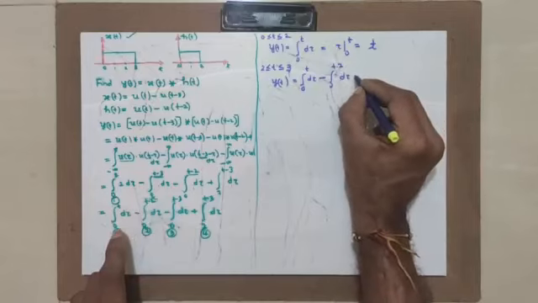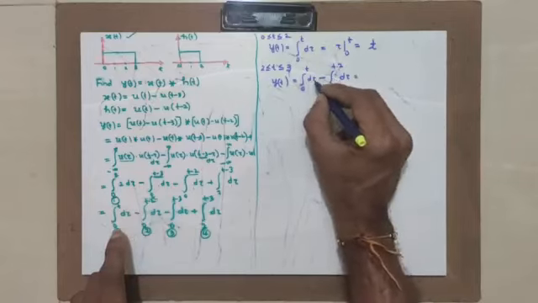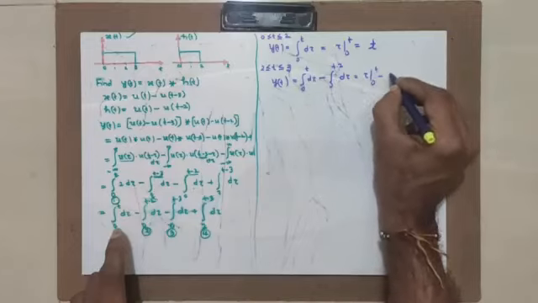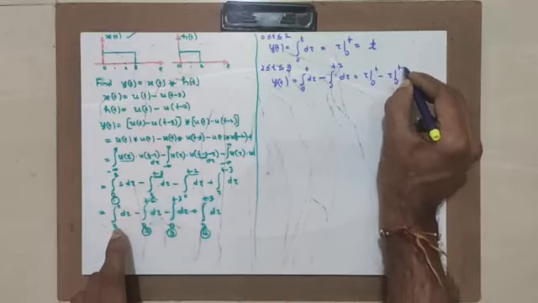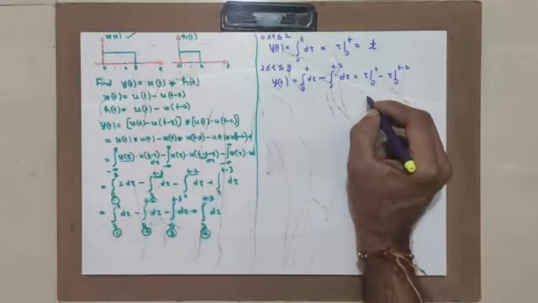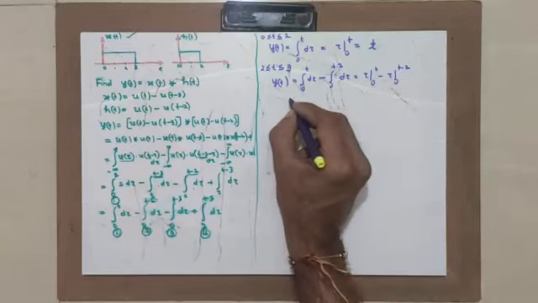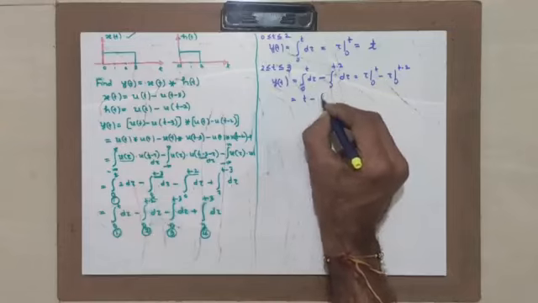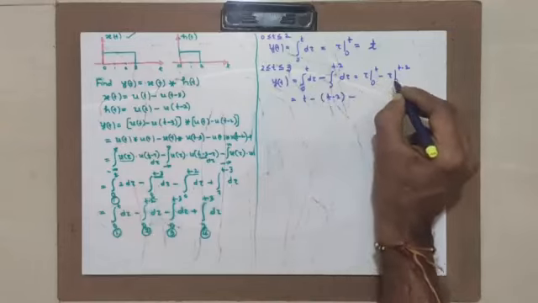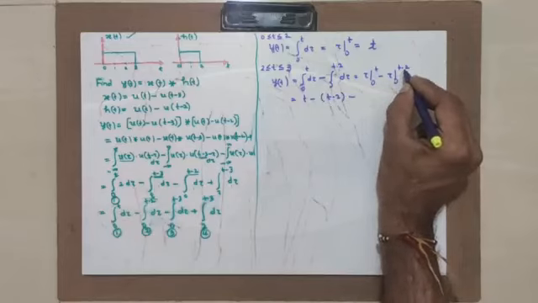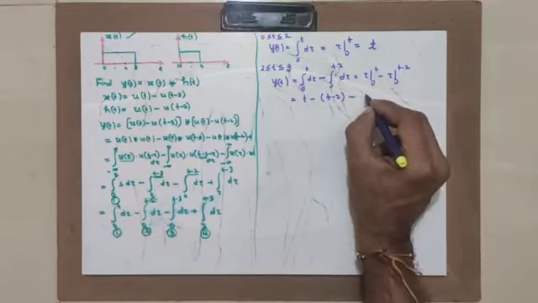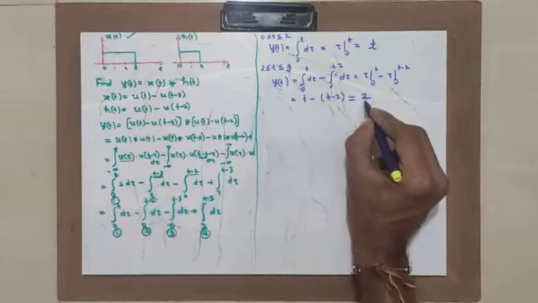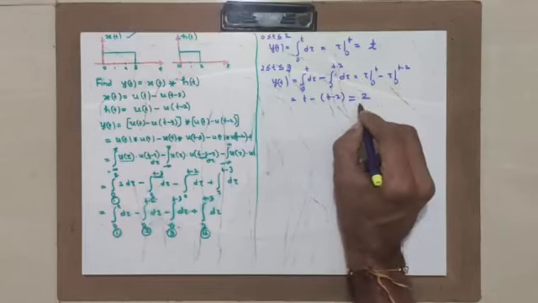Now here, it is equal to tau 0 to t minus tau 0 to t minus 2. Hence, my answer becomes t minus (t minus 2), because the tau upper limit is t minus 2 minus 0. Hence, my answer becomes equal to 2. Hence, between 2 to 3, I am getting a constant y of t equal to 2.